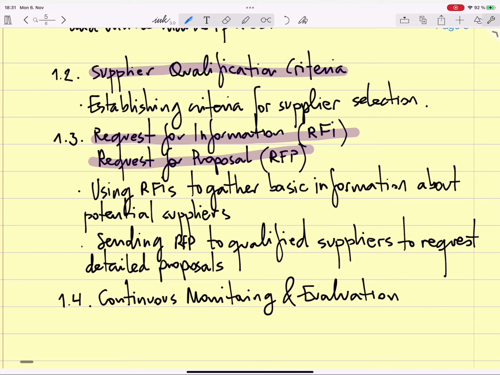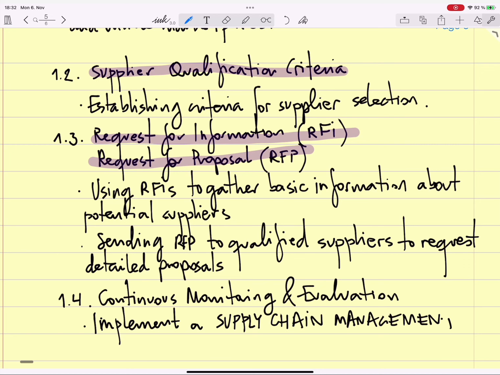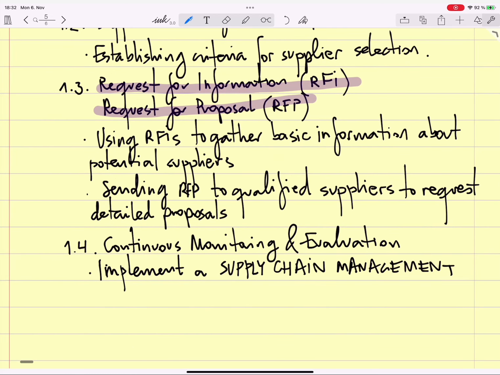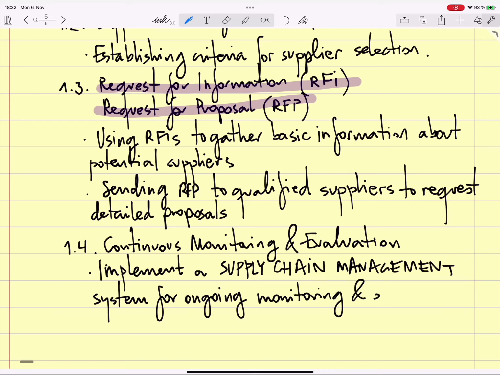So you need to implement a system, a management system, a supply chain management system for ongoing monitoring and evaluation.